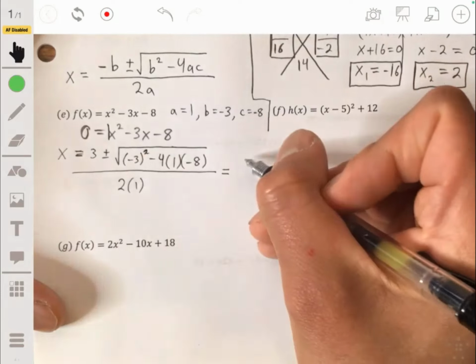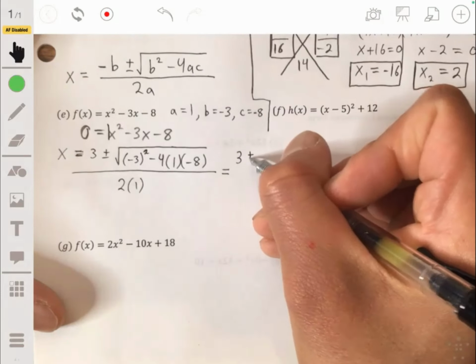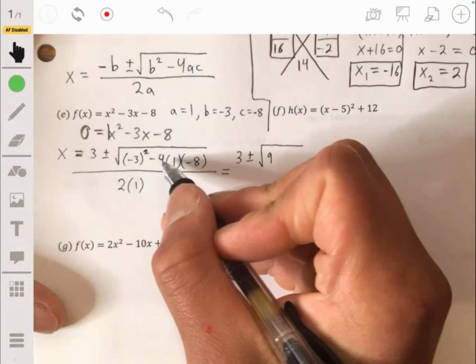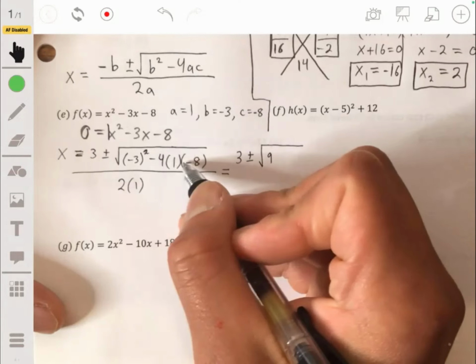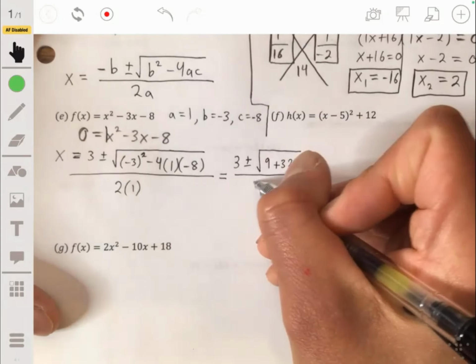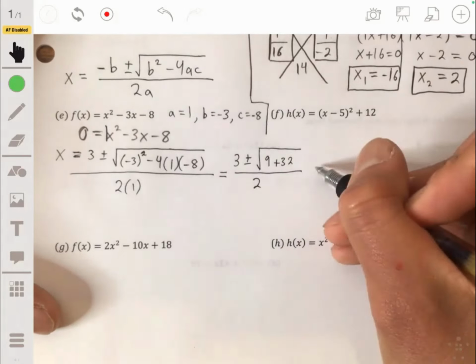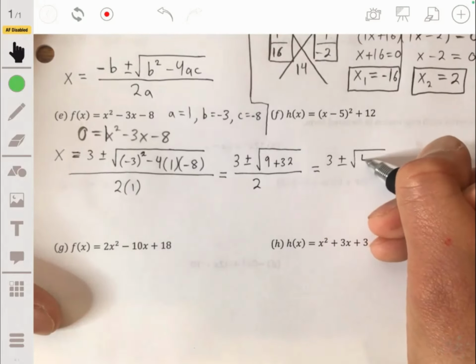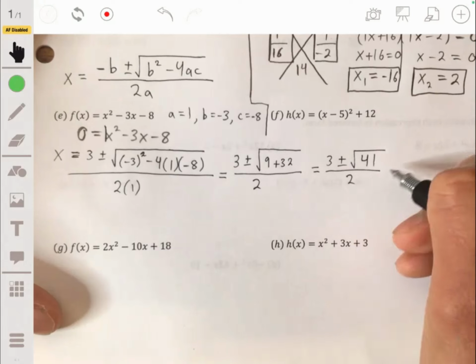Okay, so we got 3 plus or minus. That'll be 9 plus, because we have two negatives, plus 32 over 2. 3 plus or minus the square root of 41 over 2.